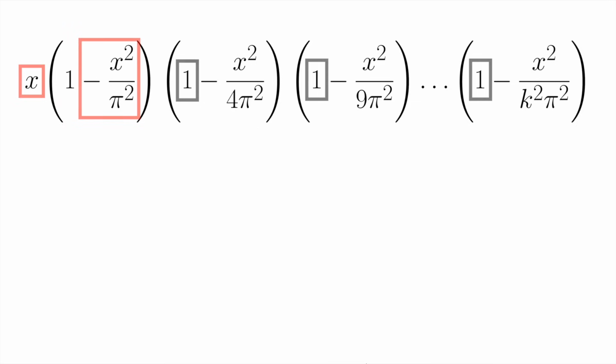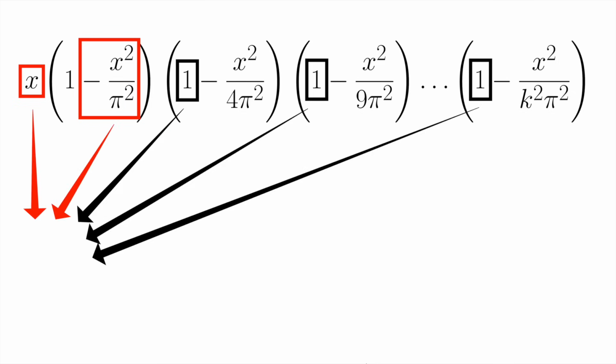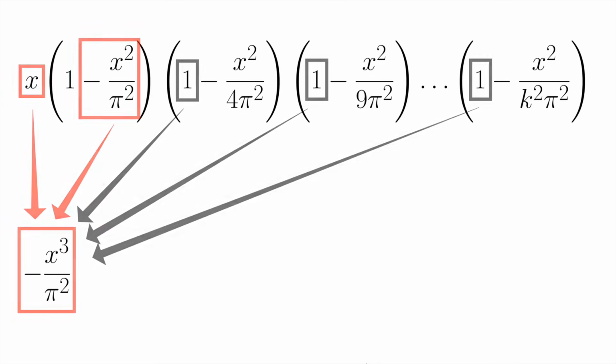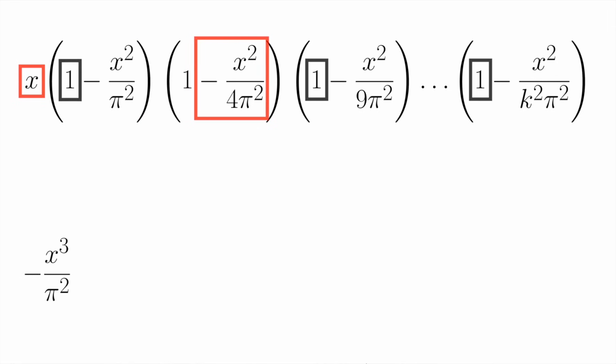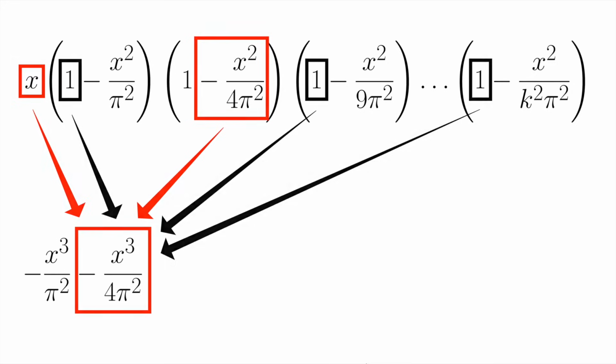So if I take this x squared, and the remaining ones, then I get minus x cubed over pi squared. If instead I chose this minus x squared over 4 pi squared, and the rest ones, then I get minus x cubed over 4 pi squared.